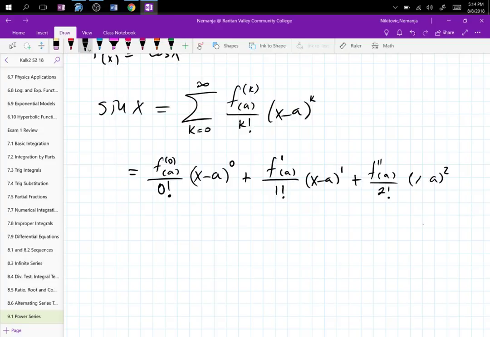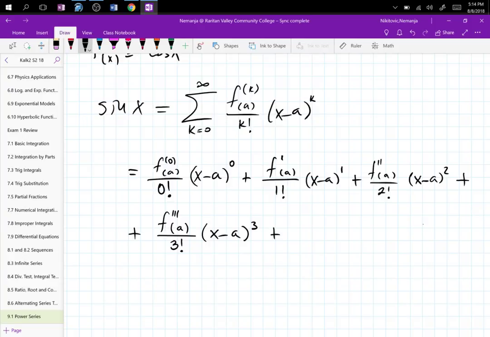Plus the third derivative computed at a divided by 3 factorial, and then x minus a cubed.